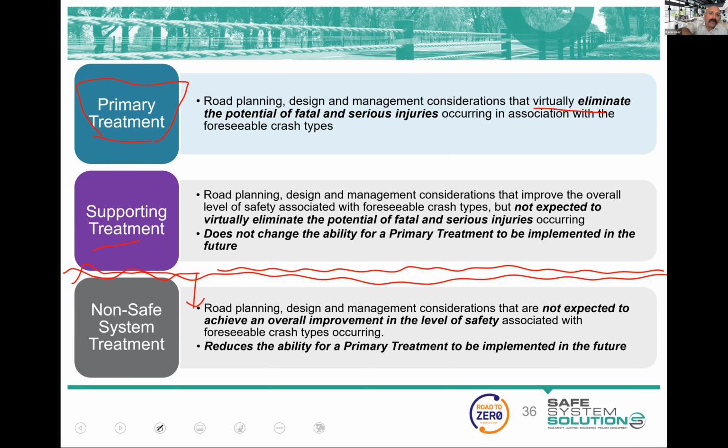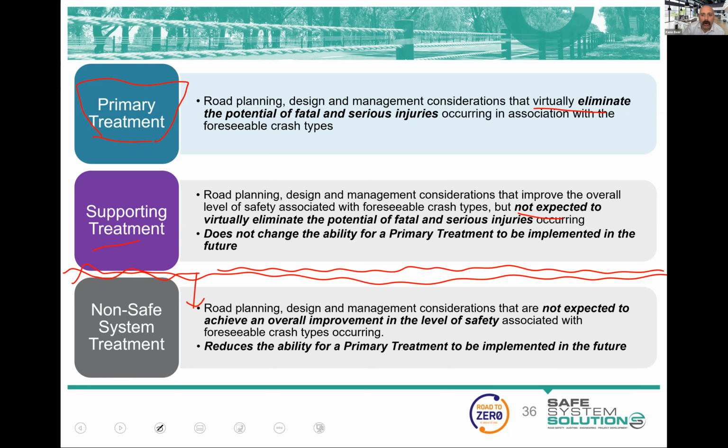A supporting treatment is anything that improves the overall level of safety, but is not expected to virtually eliminate the potential for fatal or serious injury crashes occurring. And this little clause, which is not often activated, does not change the ability for a primary treatment to be implemented in the future.